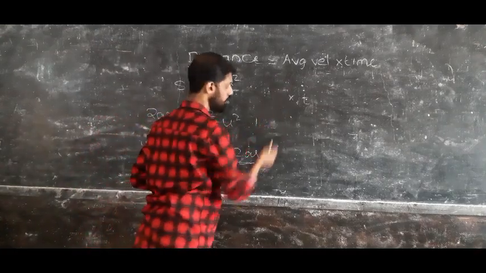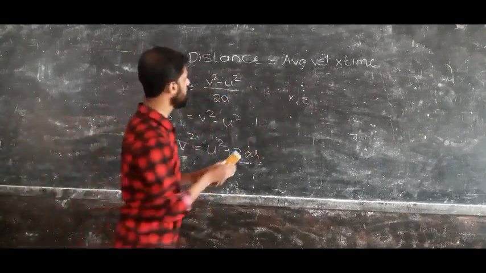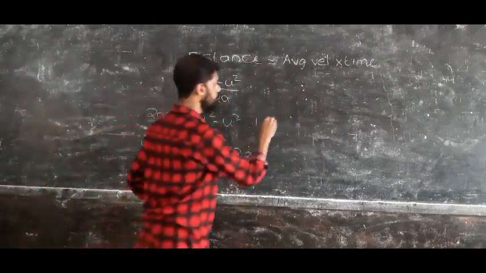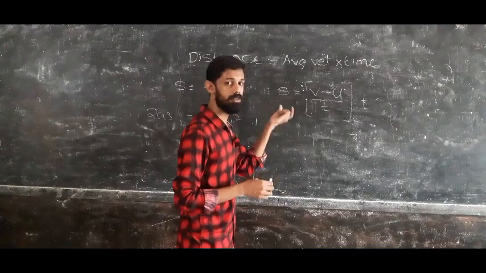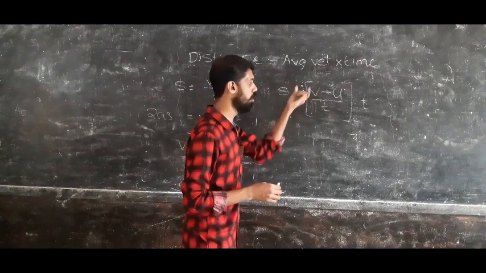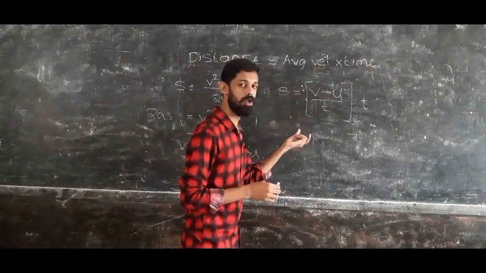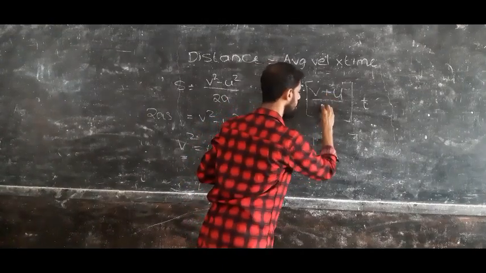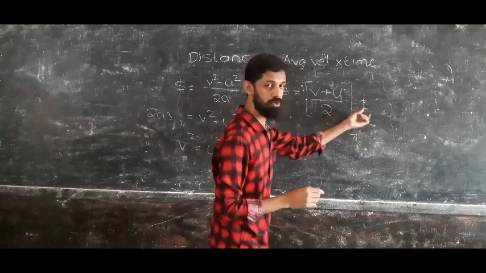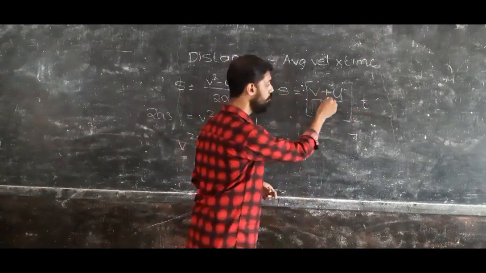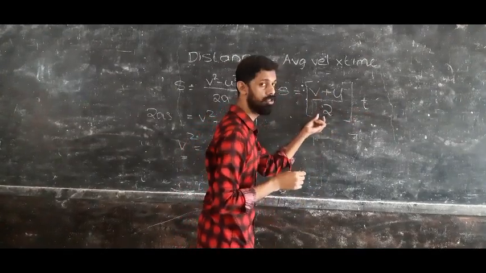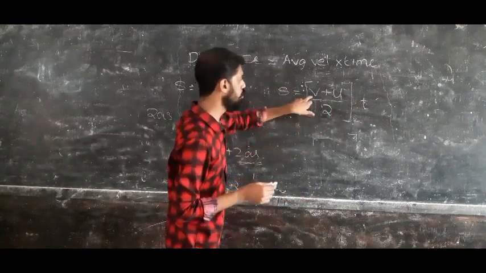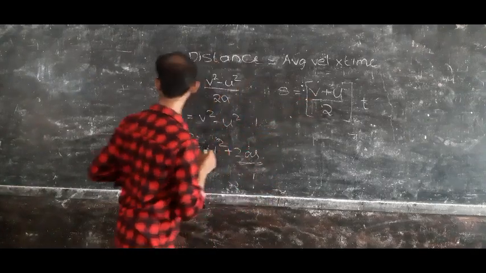Now the second equation, we solve it in the same way. What is the distance equation? Distance equals average velocity into time, that is s equal to v plus u divided by 2, into t. Now we substitute the v value over here.